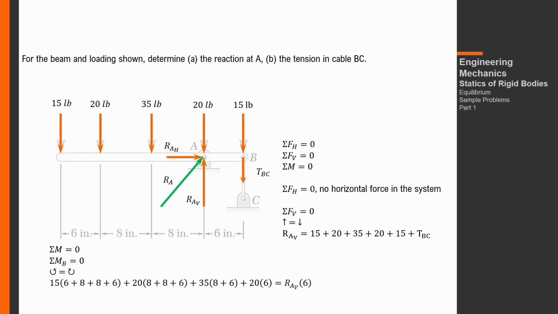So, yung magkakos ng counterclockwise moments, yung 15, 20, 35, tsaka yung 20. So, yung 15 distance niya ay 6, 8, 8, 6 from the leftmost. Tapos yung 20, so 8, 8, 6, 35 ay 8 and 6, tapos yung 20 ay 6 inches. Yung 15 na nasa point B, so wala rin siyang distance dun sa point B or perpendicular distance.